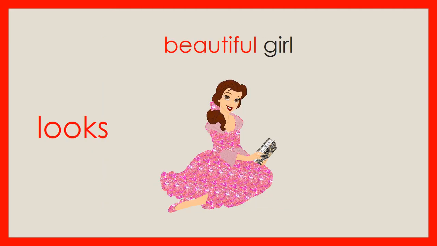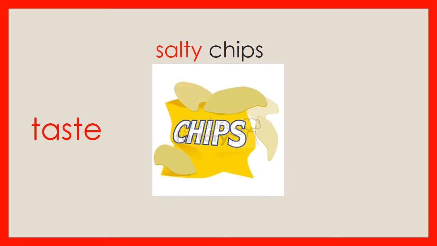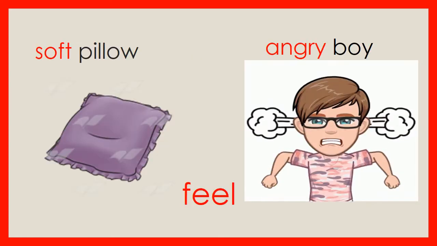Then looks. We can use adjectives like beautiful girl. Then taste, like sweet, sour, salty, right? So salty chips.